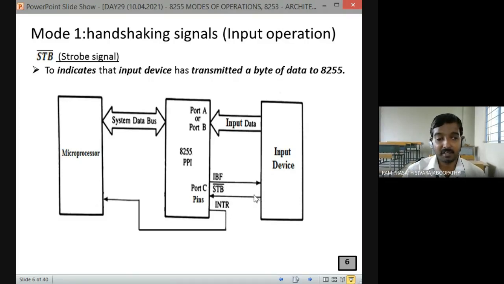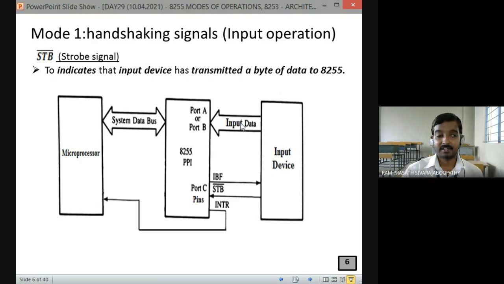The STB bar signal is coming from the input device to the 8255. In response to that, what does 8255 have to do? I am saying I am going to give some data now. Correct? Then 8255 has to receive the data. Very good. Through which way is it going to receive the data?